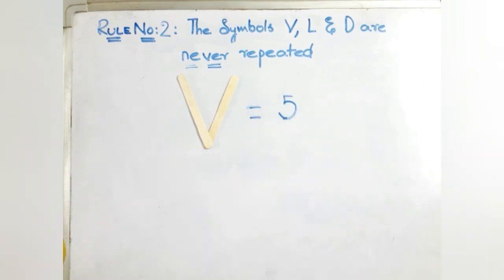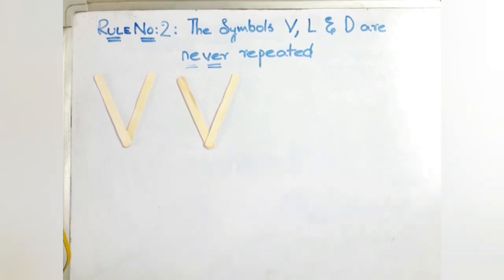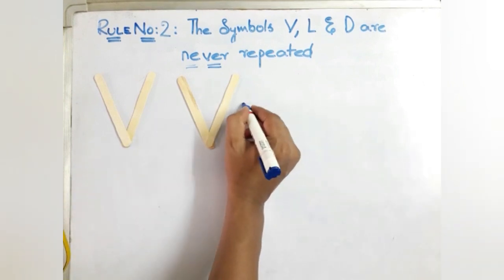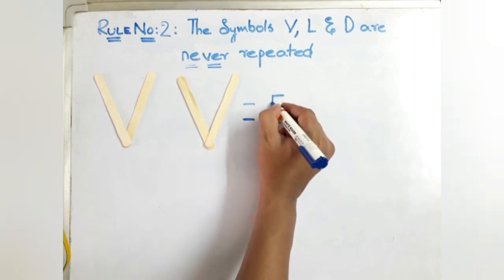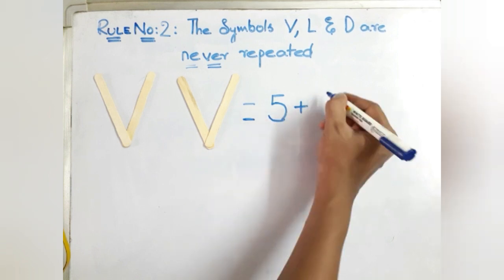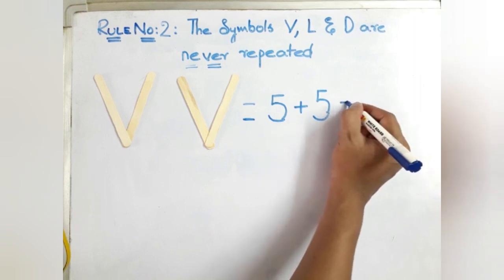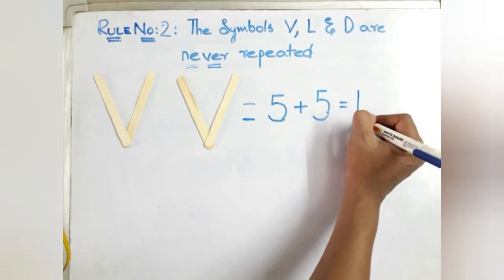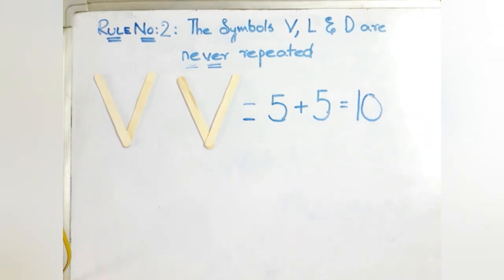Okay. Now look. I am keeping here 2 V's, V V. Then what should be the answer for this? As one V indicates 5 and the other indicates 5, in total how much should it be? 10. The value should be equal to 10.